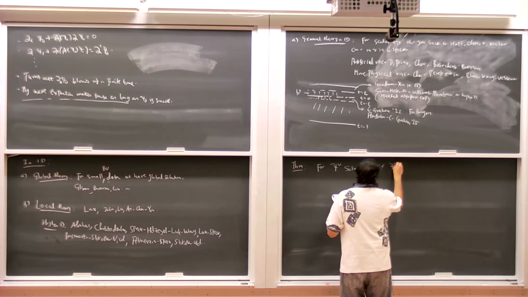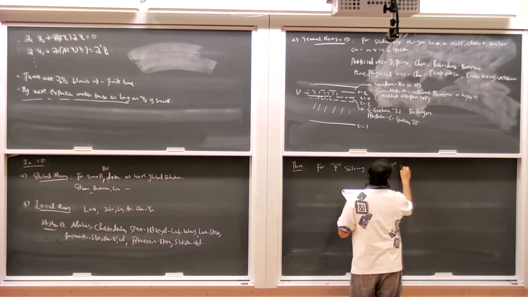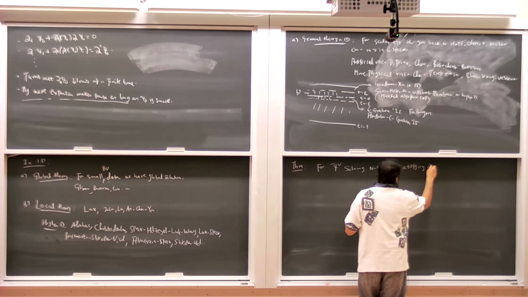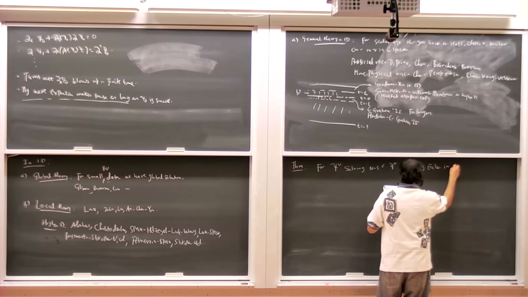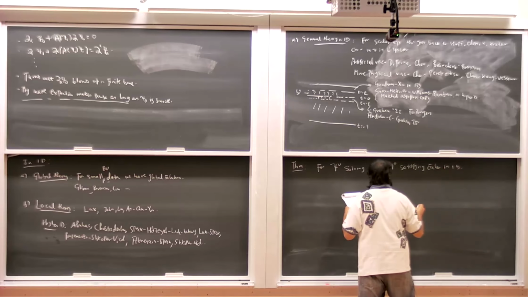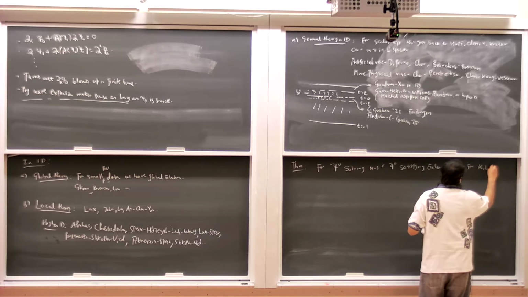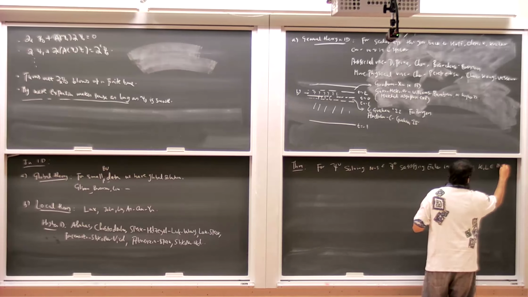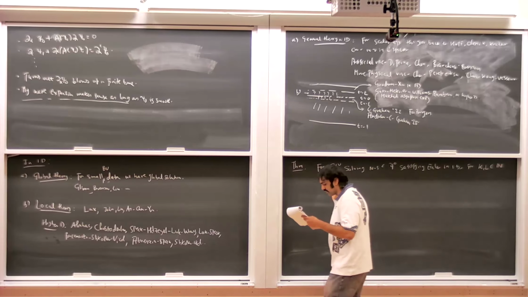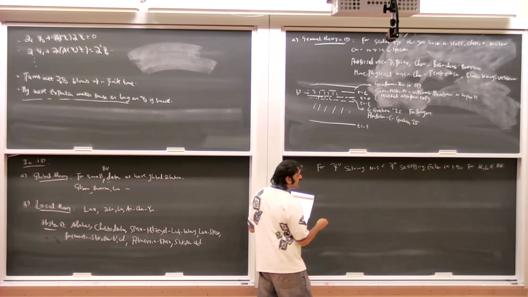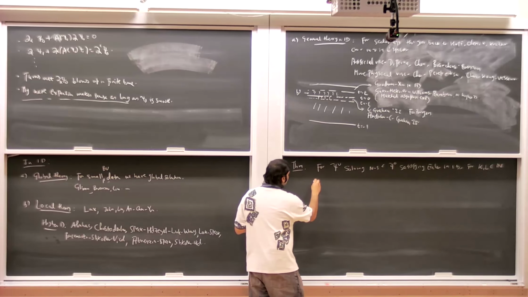And u_0 satisfying Euler in 1D, for some indices K and L, which are positive integers, and for generic data.